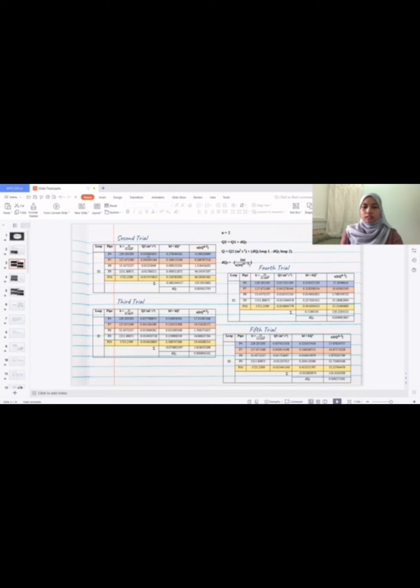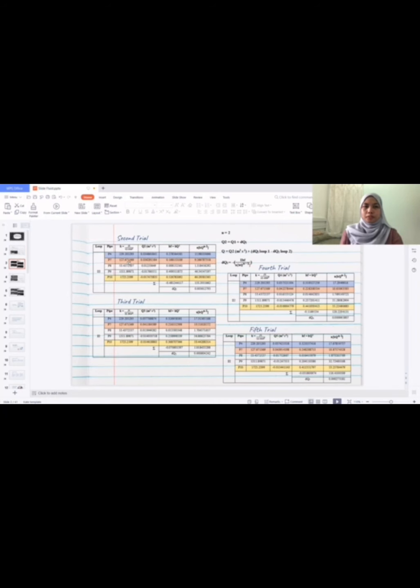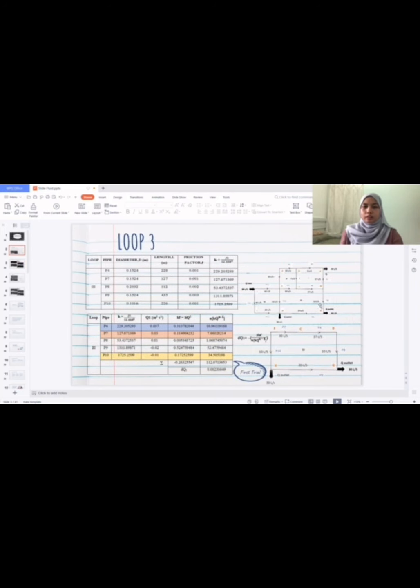And then we continue for the second trial to get the value of Q, where we need to add the Q1 from the first trial. For P4, P7 and P10, which are pipes in two different loops: P4 is in loop 1, pipe P7 is in loop 2, and pipe P10 is in loop 4.